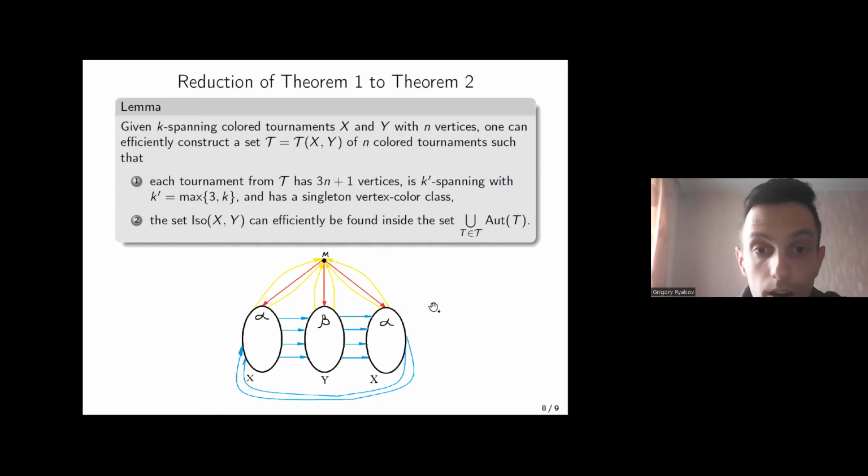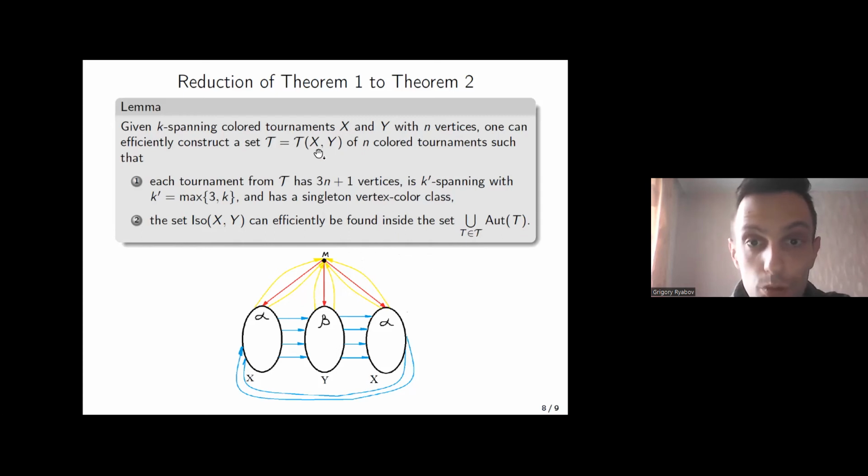Yeah. And maybe I will explain how we construct such tournaments, but maybe it would be better to do this using the picture instead of words and formulas. So I will try to explain the construction.